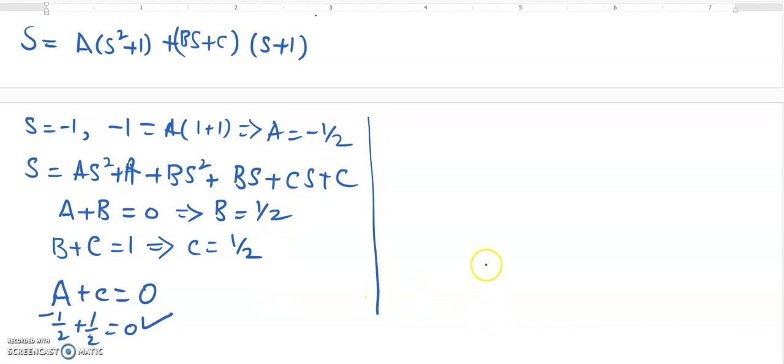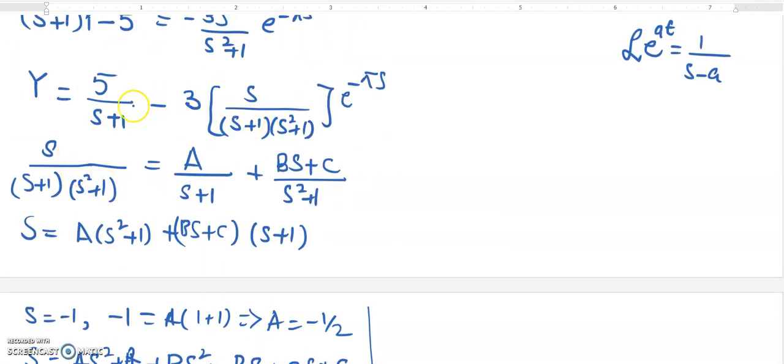So now what we have got over here is this: 5 over s plus 1, and now this is -3, and we can see that in all of these coefficients 1 by 2 was common, so we can take 2 as common. It was A over s plus 1, and A was -1 by 2, so it will be minus 1 over s plus 1.